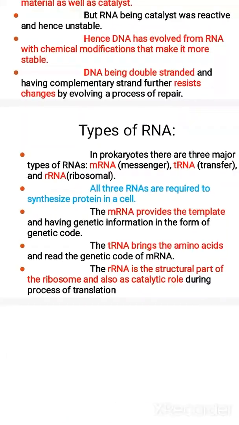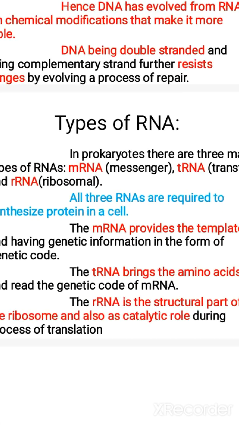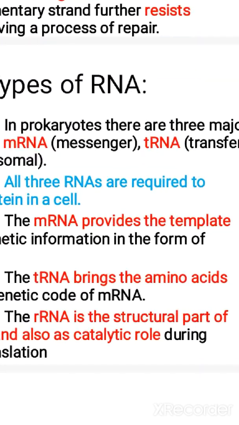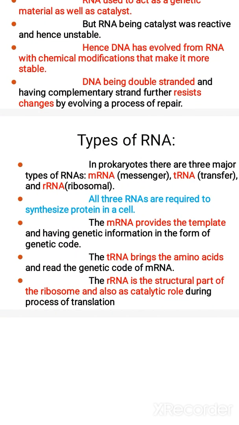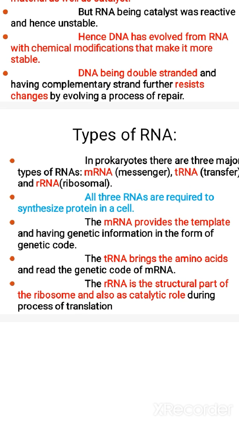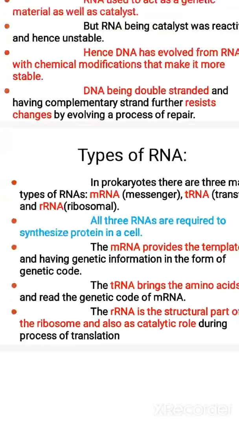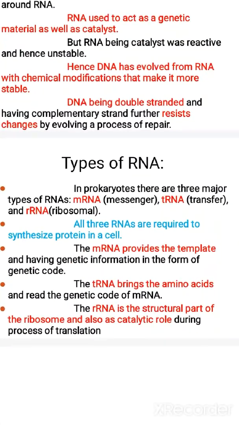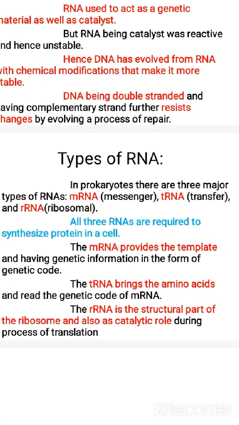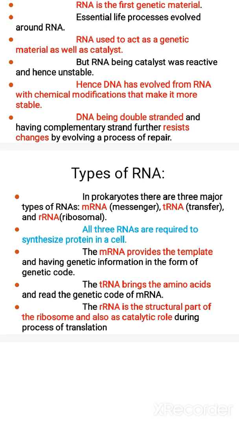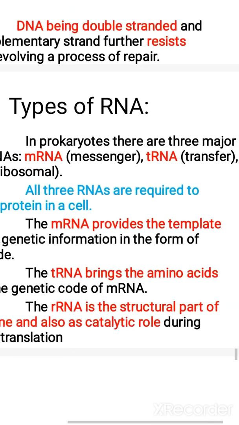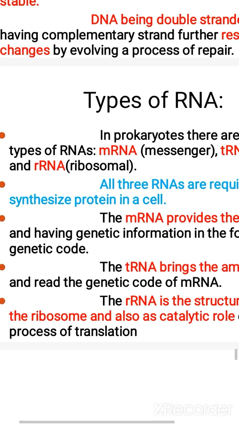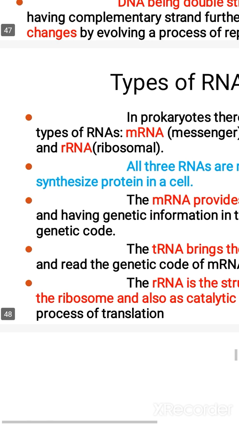All these three RNAs are required to synthesize protein in the cell. mRNA provides the template containing the genetic information, in the form of genetic code, for forming the protein. tRNA brings the amino acid, transferring it from the cytoplasm to the place of protein synthesis, and it can read the genetic code of mRNA. rRNA is the structural part of the ribosome, and it has a catalytic role during translation.